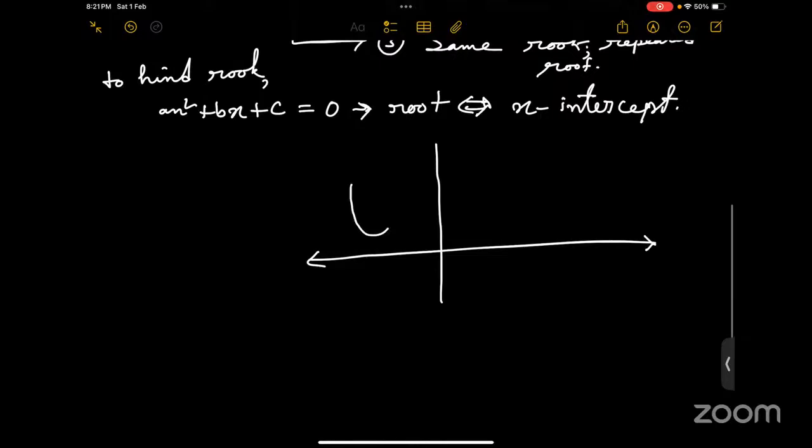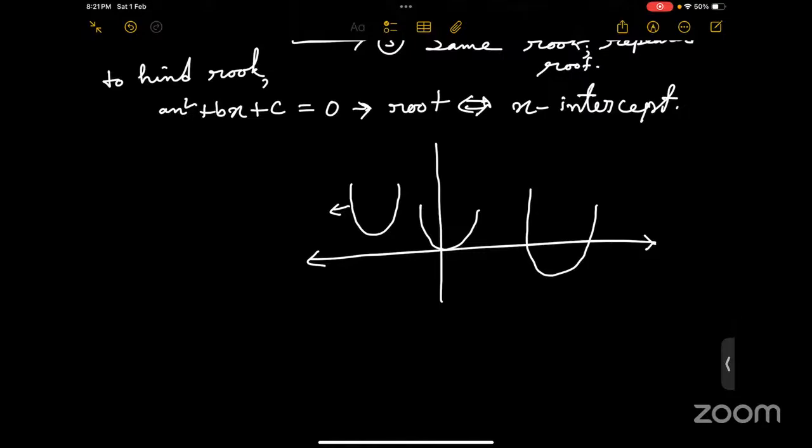First, we can get a parabola like that, we can get a parabola like that, and also a parabola like that. In the first case, there is no x-intercept. That means there is no real root. Here we have a repeated root: two real roots and they are the same.